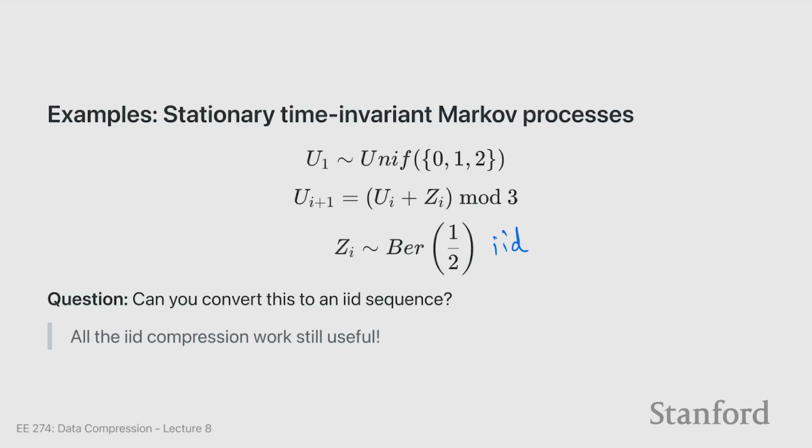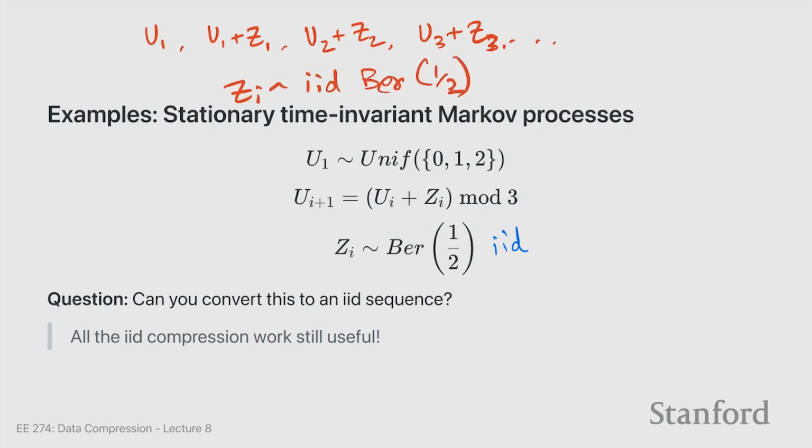And maybe I will write it in a way that will be easier to understand. So you have U1, then you have U1 plus Z1, where plus is modulo 3, then U2 plus Z2, then U3 plus Z3, and so on, where the Zi's are IID Bernoulli half.